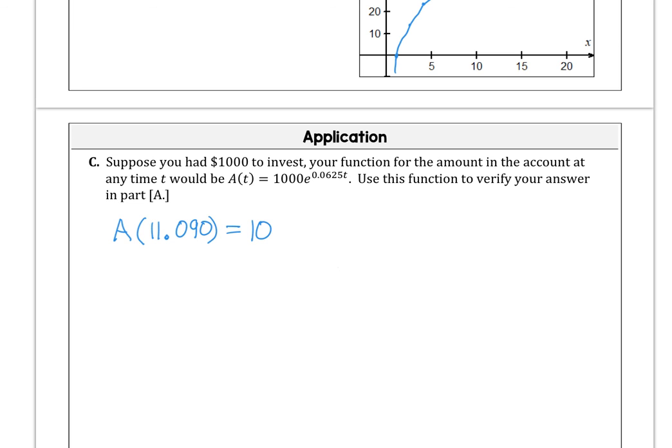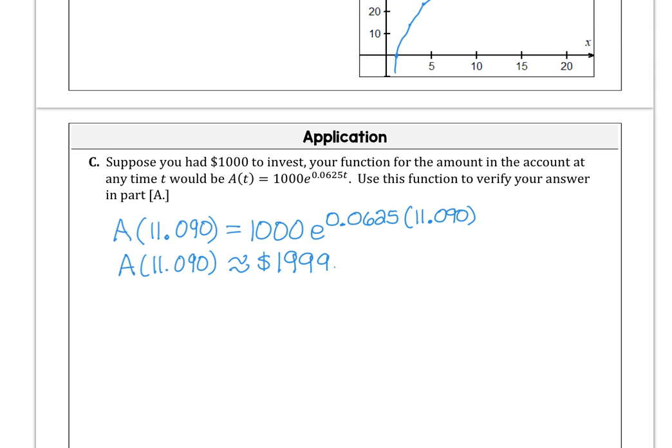If you evaluate inside the function e to the 0.0625 times 11.09 for the t amount, our final amount in the account after about 11 years is $1999.96. This is the end of our lesson on logarithmic functions.